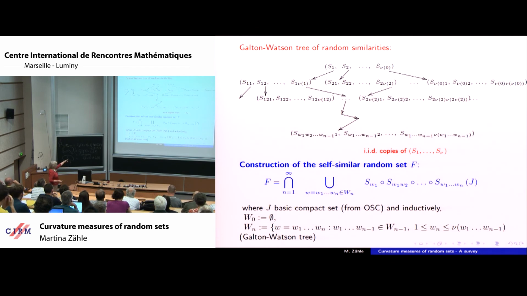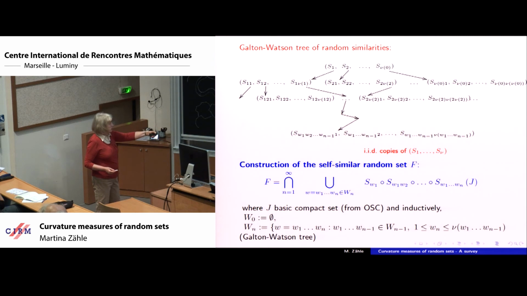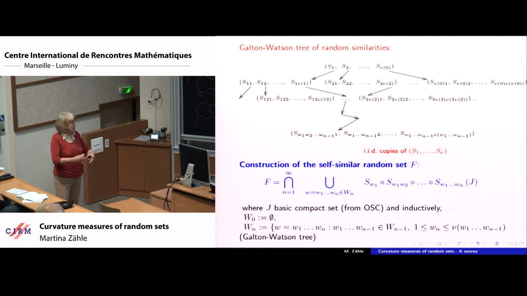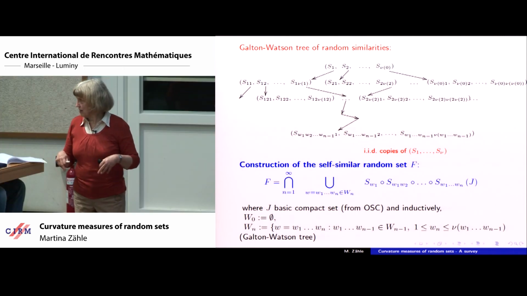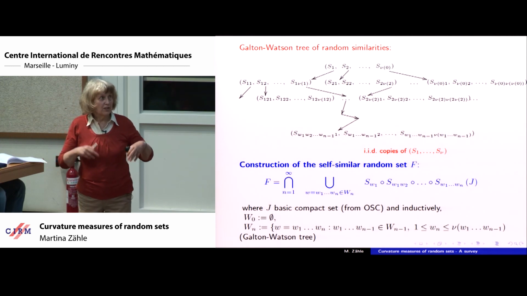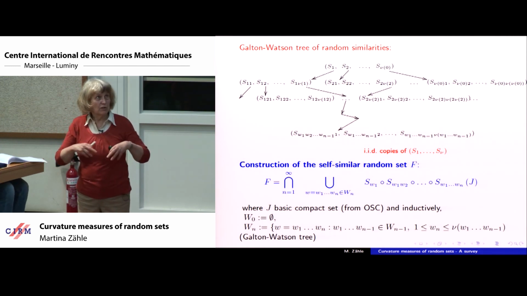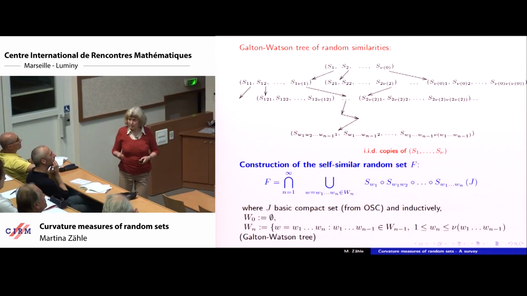Now you go along such a line here, yeah. And you iteratively apply these similarities to the primary set, and the set gets smaller and smaller. And you take all these, the union for the n-th step of all these new sets, and then you take the intersections with respect to the stage n, the time step.